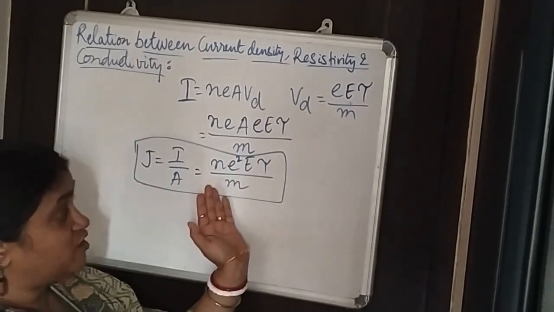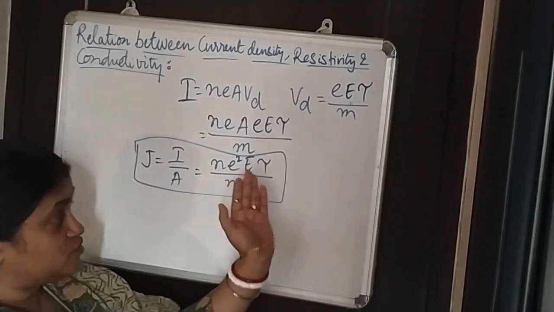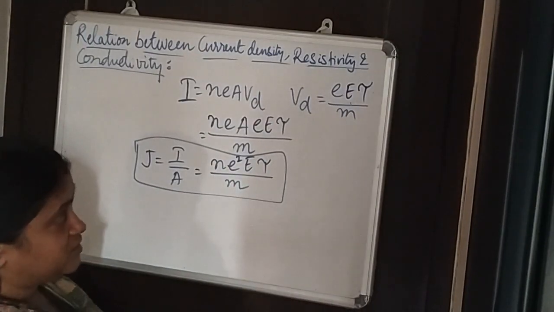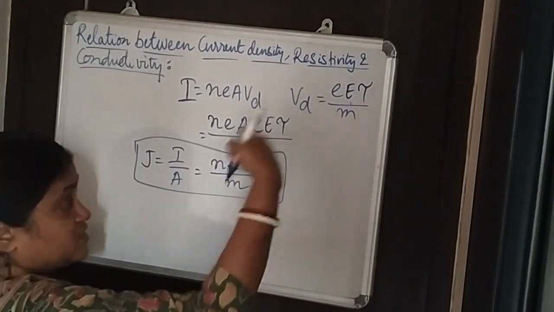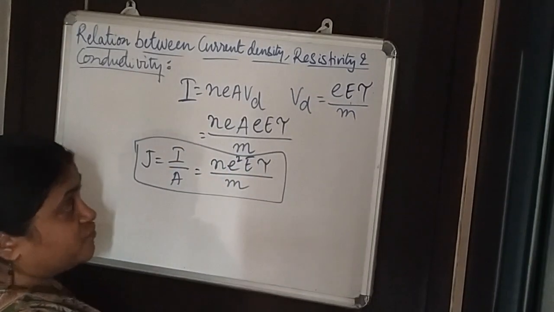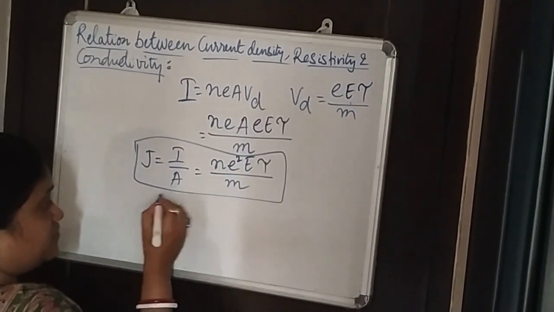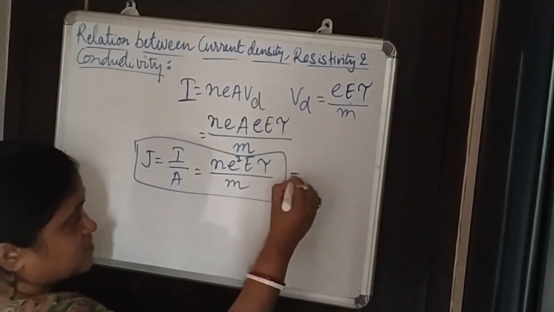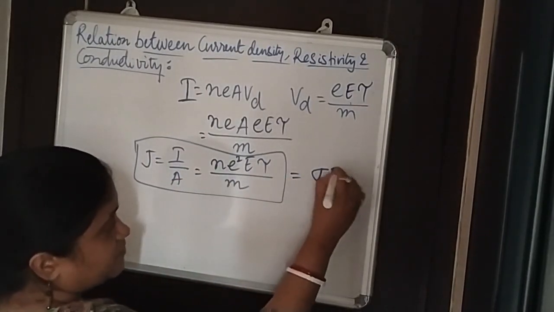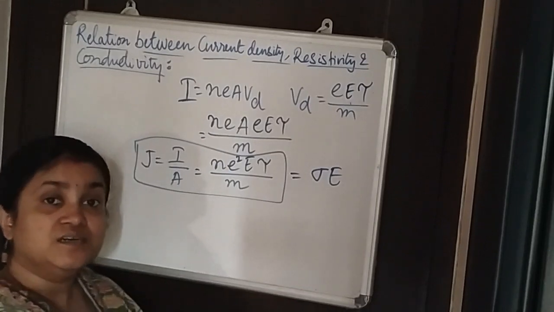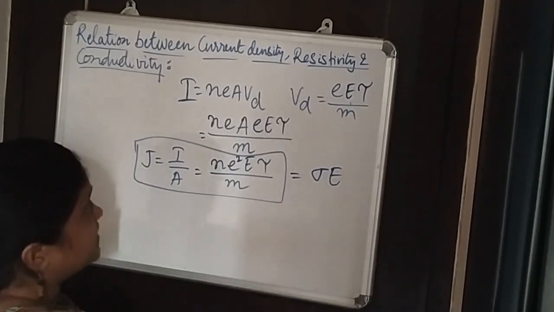in terms of all this expression, not in terms of drift velocity, when we substitute the expression for drift velocity. And then we already know that J is equal to sigma into E, where sigma is the conductivity and E is the electric field.